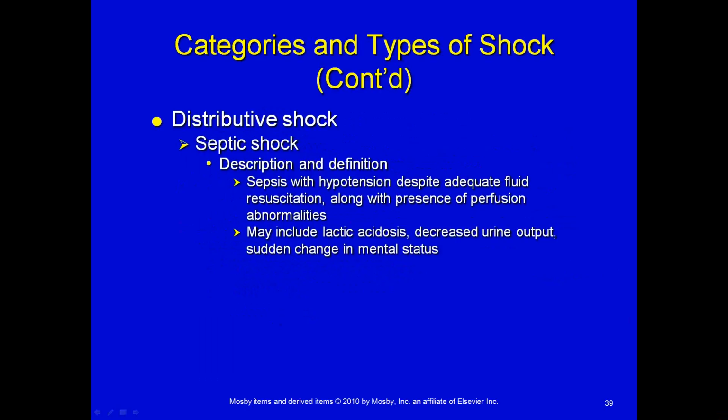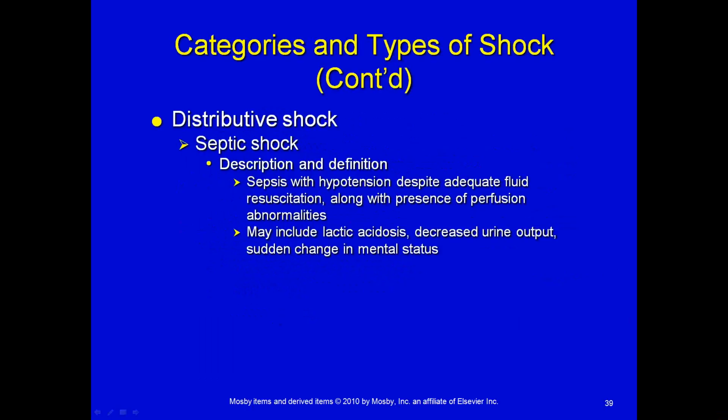Sepsis may be caused from lactic acidosis. You may see decreased urine output with sepsis, sudden change in mental status with sepsis. Most people are relying on the new criteria for sepsis, where they talk about a condition known as SIRS, Systemic Inflammatory Response Syndrome. And to have SIRS, you need two of these things.